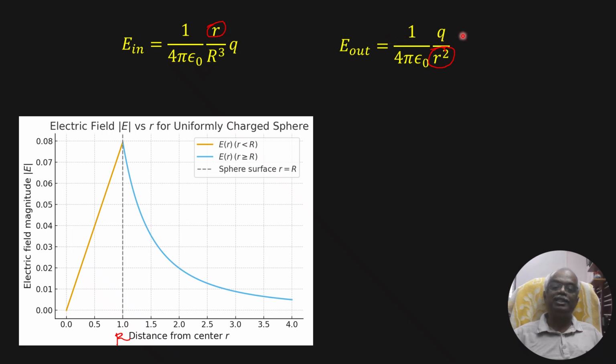All other things are constant except small r, so the electric field outside the sphere falls as 1 over r squared. So the plot will be like this: up to R it is a straight line, and above R it is proportional to 1 over r squared.